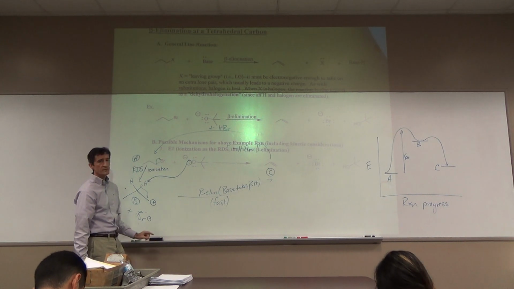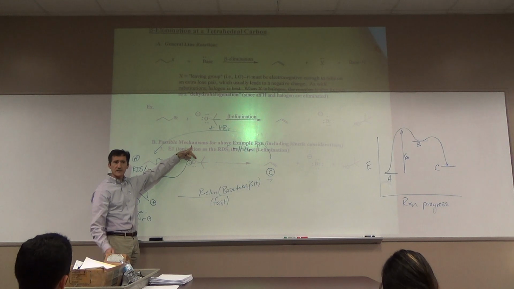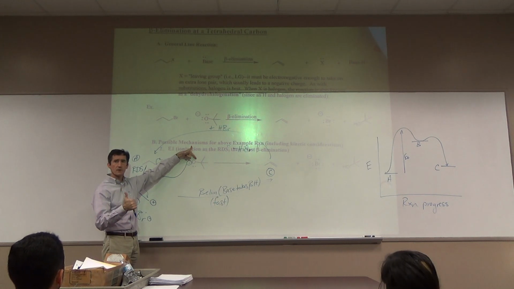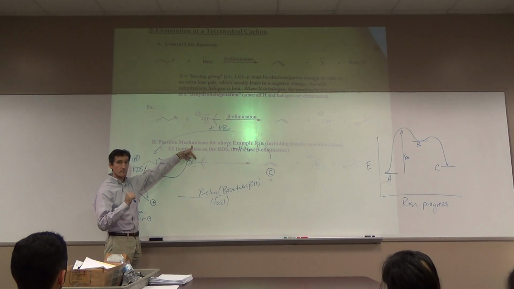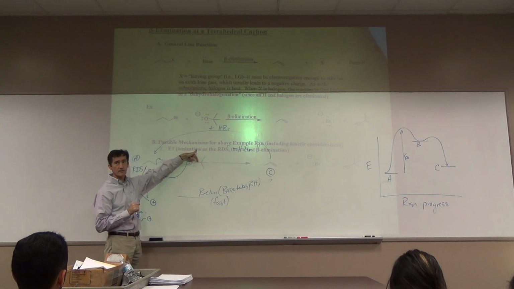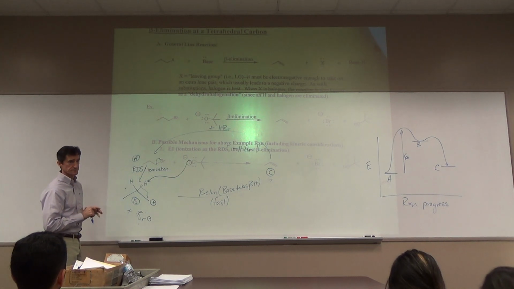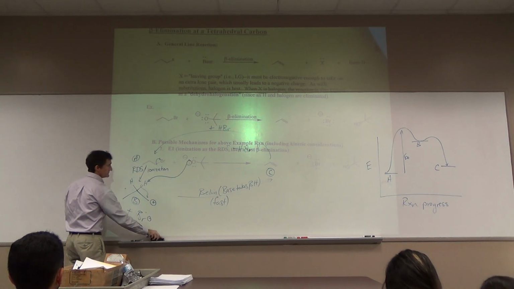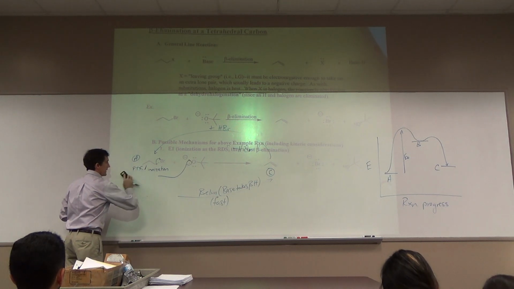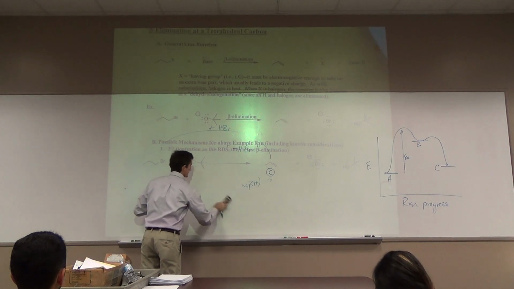There'll be other reasons why it's not the mechanism. For example, the base is strong. What do we say if our nucleophile/base was strong? Reaction will always be bimolecular. This is going to be a bully. It's not going to wait for this to ionize. This is an E2 mechanism. Let's look at E2. So E2, both substrates are involved in the rate determining step, right?